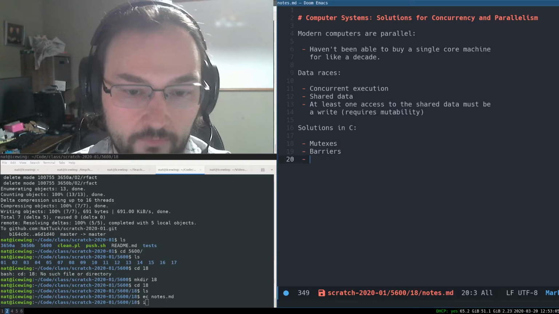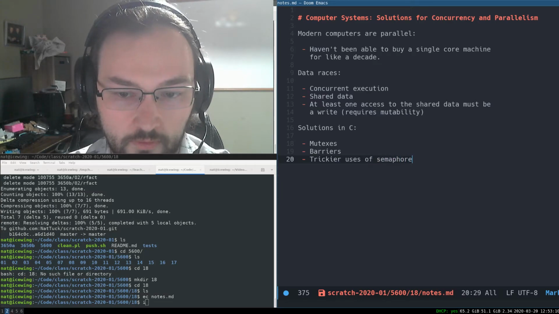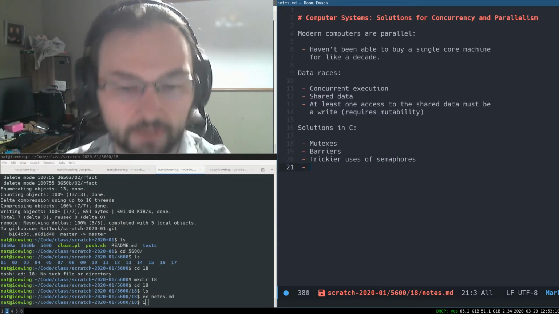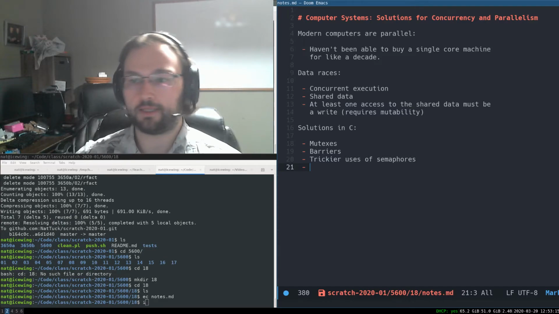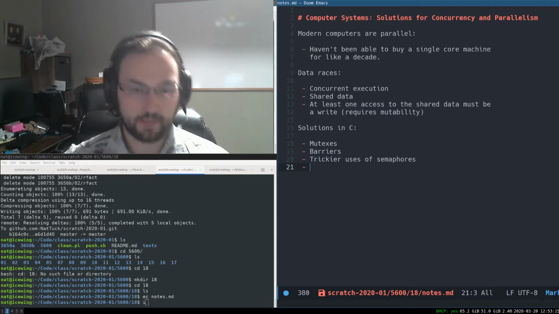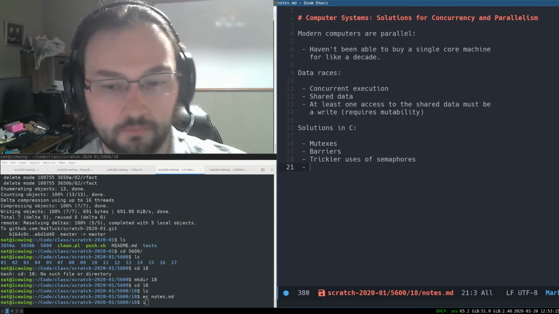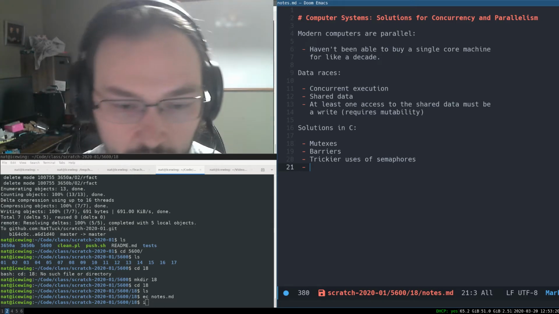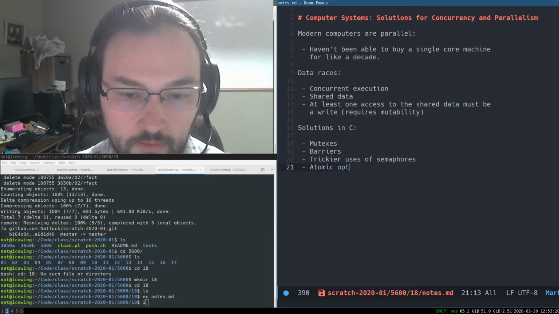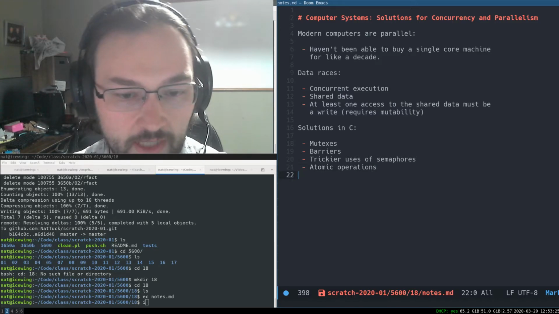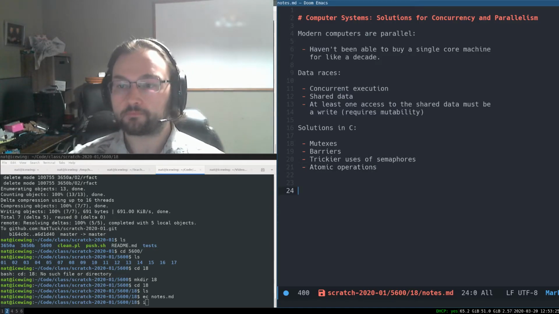We have semaphores, which let us do some tricky stuff, like that shared queue example that we looked at with two semaphores. And we have atomic operations, and we can just use atomic operations directly.